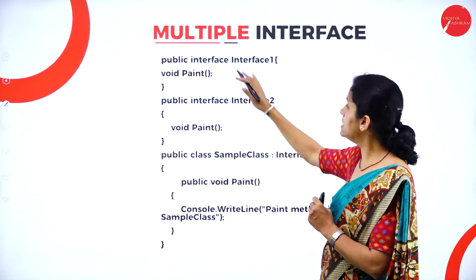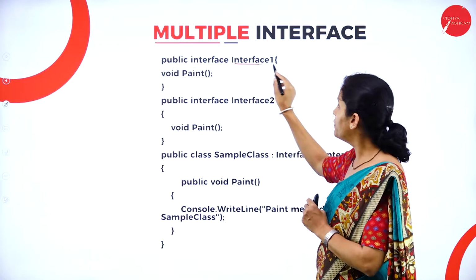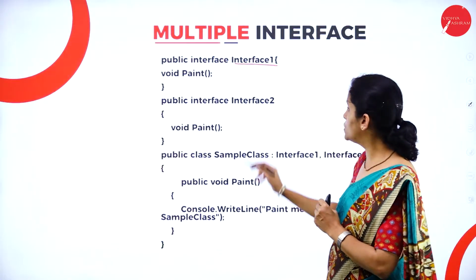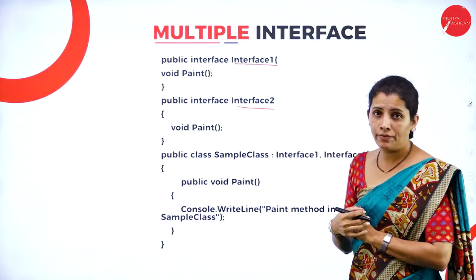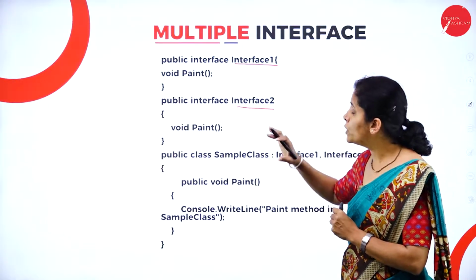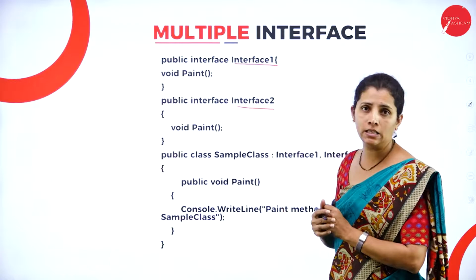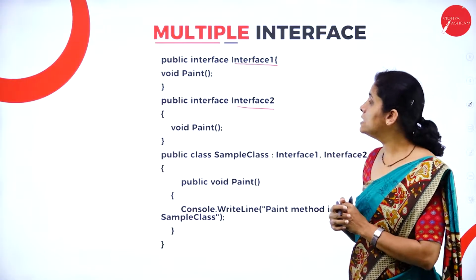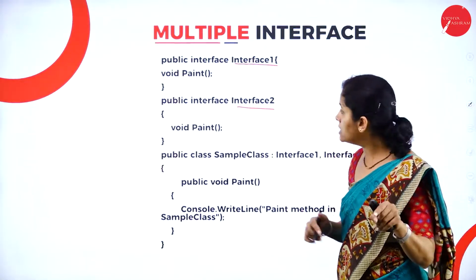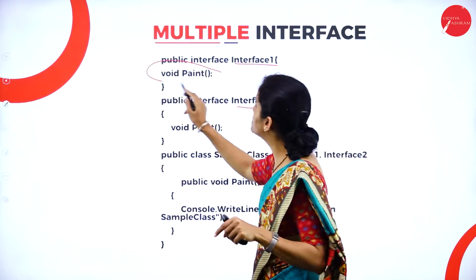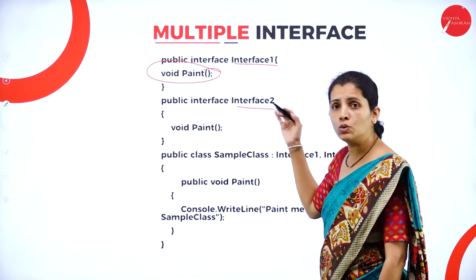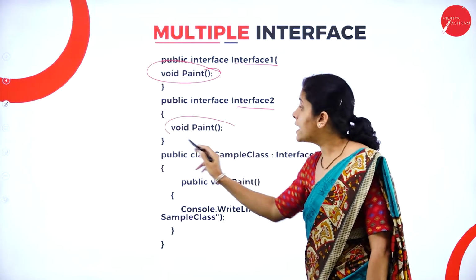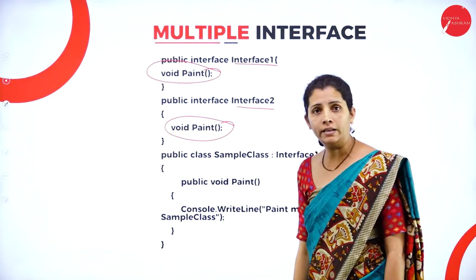And if I consider this example, Interface1 and Interface2 are two different interfaces, and they are going to have the paint method. That means under Interface1 I have the abstract method called paint, and under Interface2 I have the abstract method called paint.